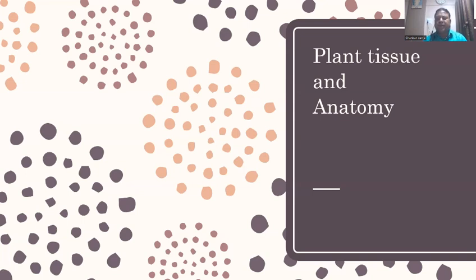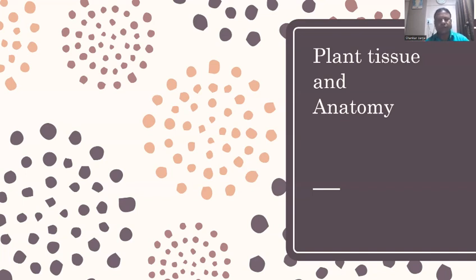Plant tissue and anatomy, the topic from 11th standard. First of all, you should know what is cell. Cell is a structural and a functional unit of life. Many cells come together to form what? Tissue.